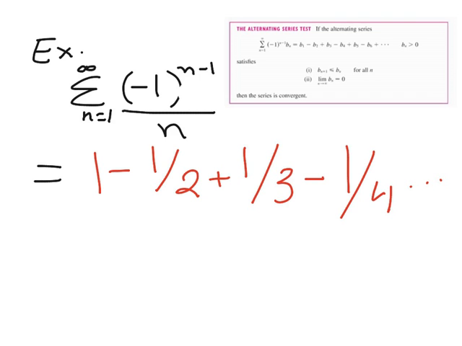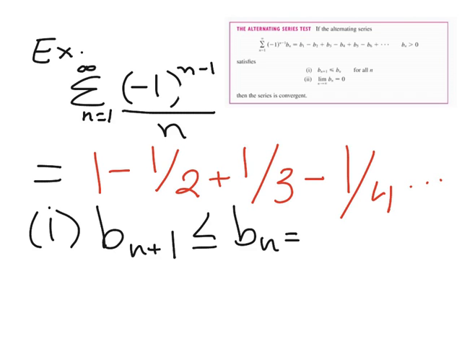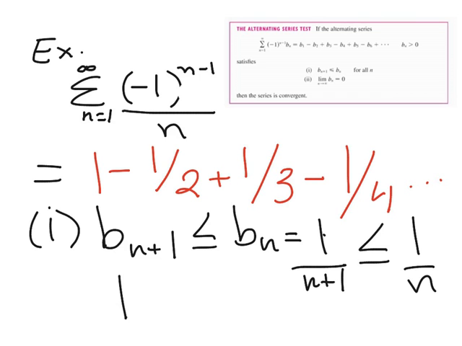And so here we can see that, of course, the first condition with b sub n plus 1, which is 1 over n plus 1, is satisfied because 1 is greater than that, okay, so the first condition here is met.